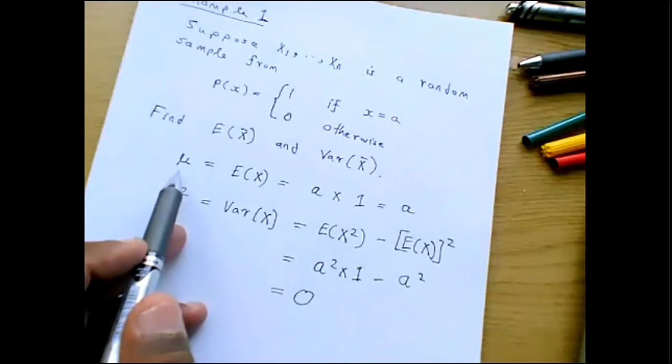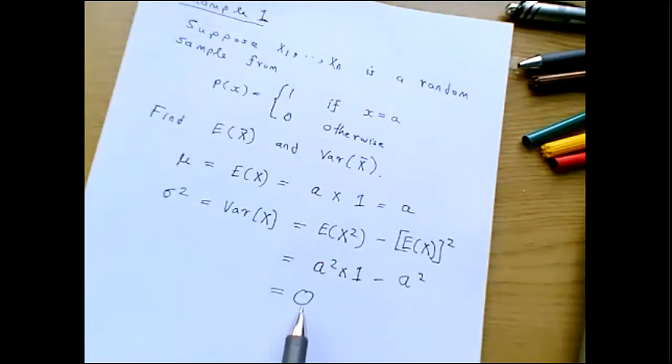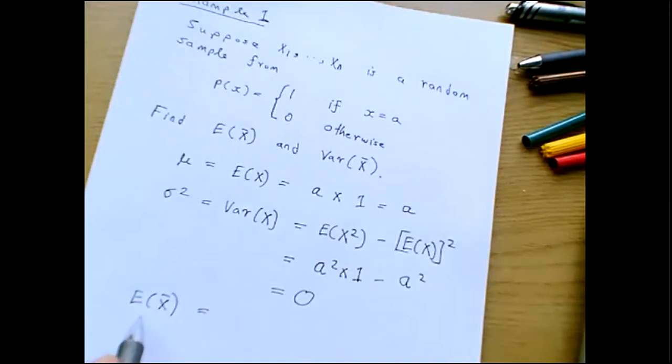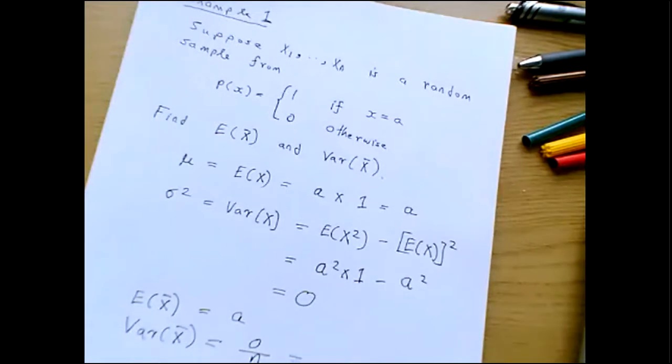So the population mean is equal to a, and the population variance is equal to 0. From what I just showed you, the expectation of x bar will be a, and the variance of x bar will be sigma squared by n, which is 0 divided by n, which is also 0.